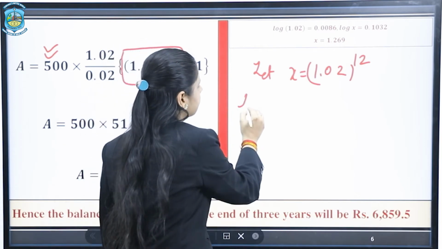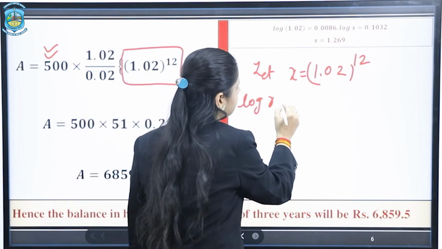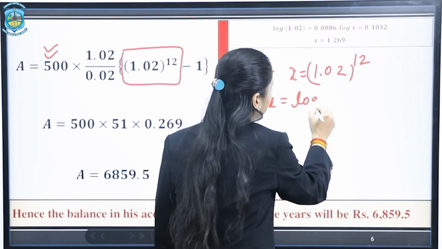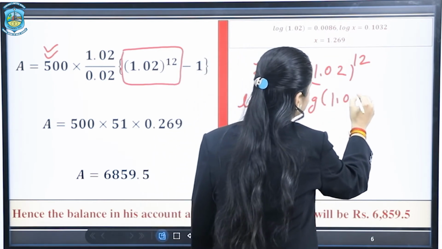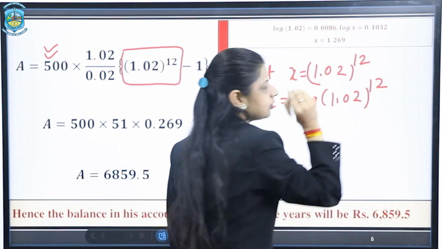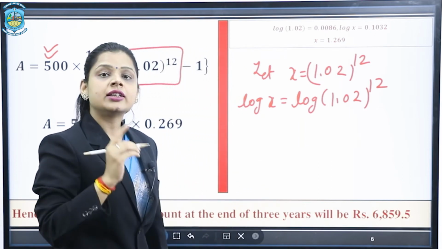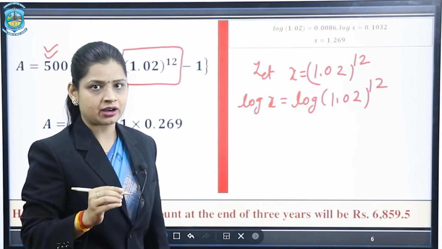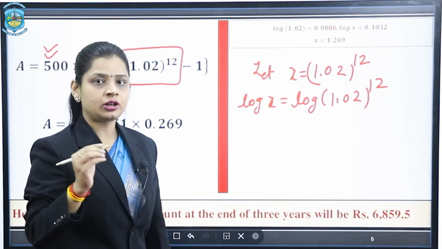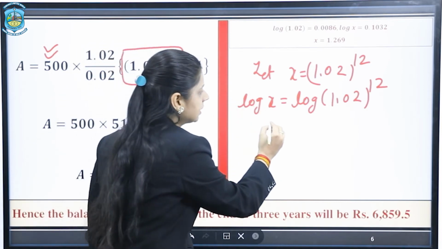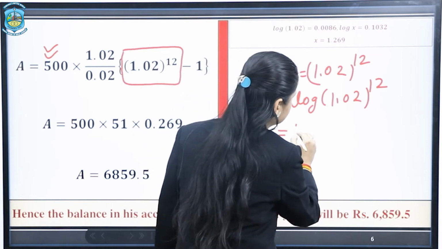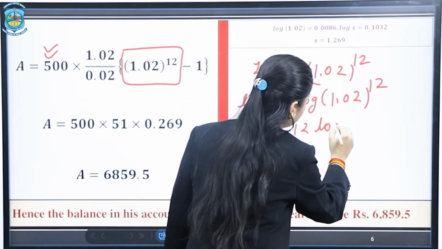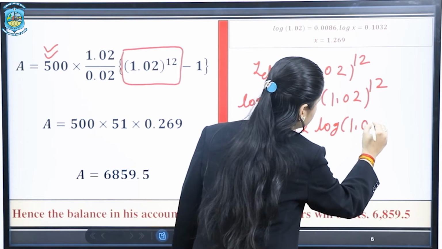So we'll get log of x is equal to log of 1.02 to the power 12. Then we'll apply the formula log of m to the power n, which is n log m. So the term on the right hand side is 12 log of 1.02.